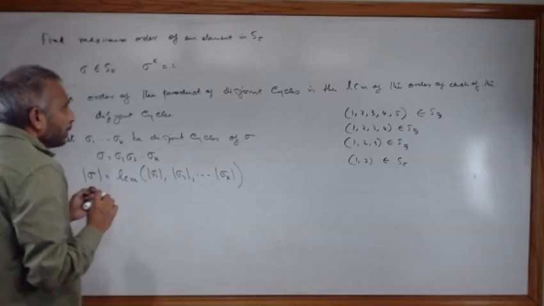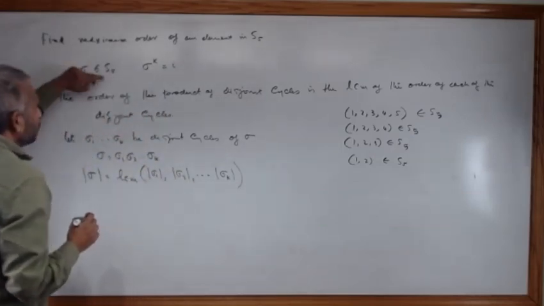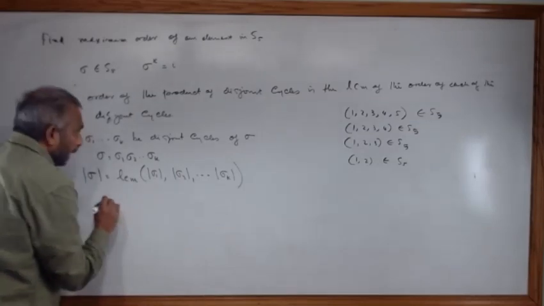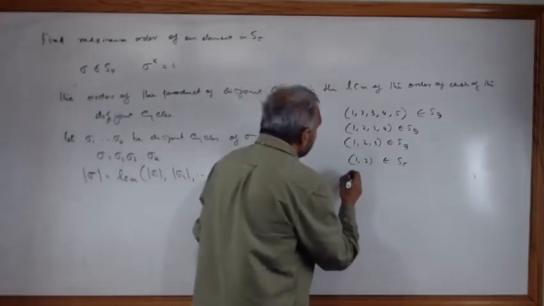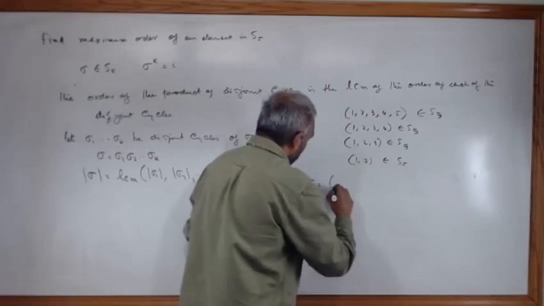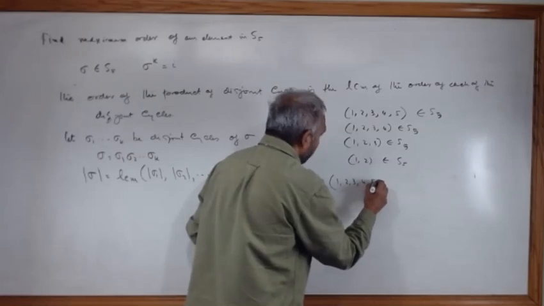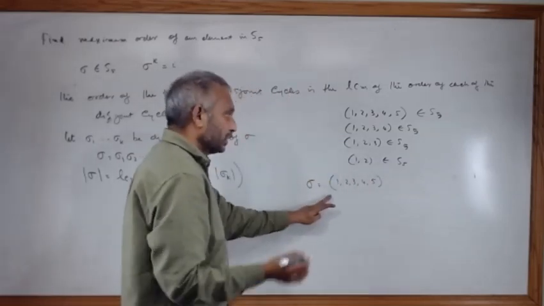So a permutation in S5 can be written as sigma equal to (1 2 3 4 5), because that is the whole thing.